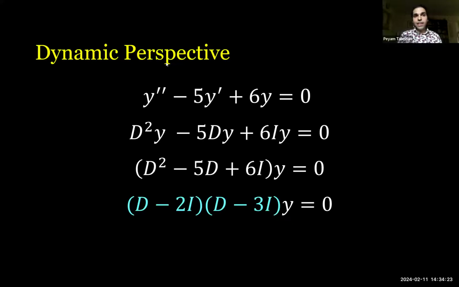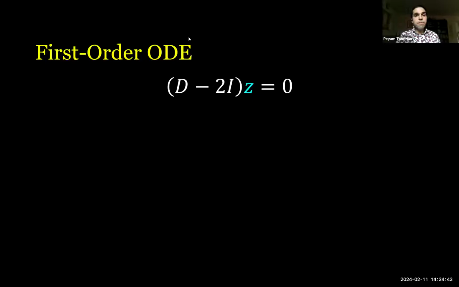And the cool thing is, what this does, it actually turns the second order ODE into two first order ones. Because the thing on the right, you can just call it z. Again, just some notation. And what happens to the ODE, it then becomes (D minus 2I) z equals 0.